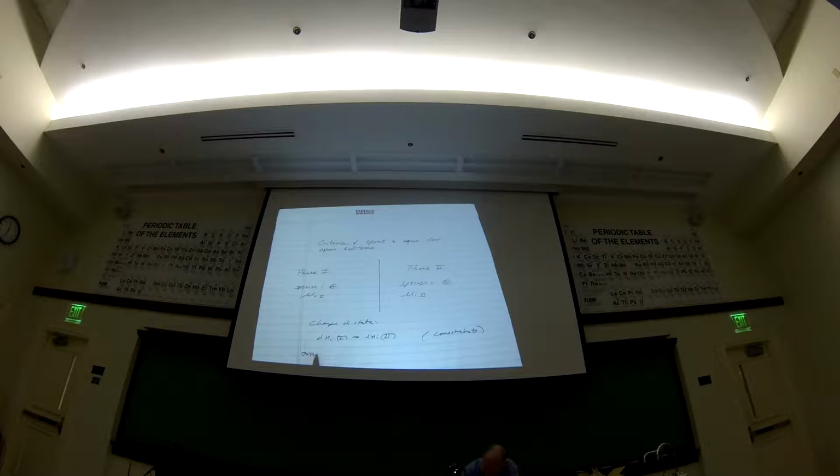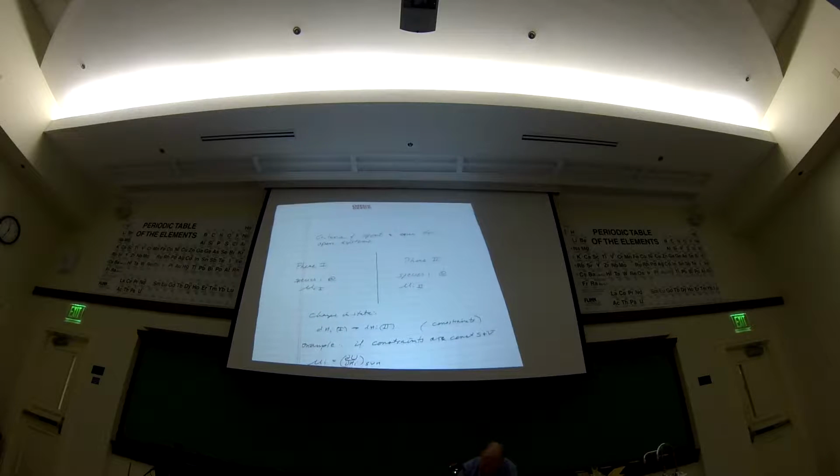Example: if the constraints are constant S and V, then mu i is the partial of U with respect to n i at constant S, V, and n, then dU i is equal to mu i times dn i.